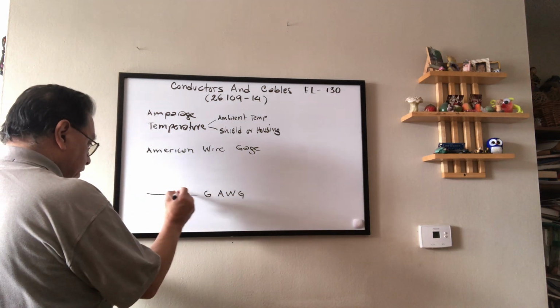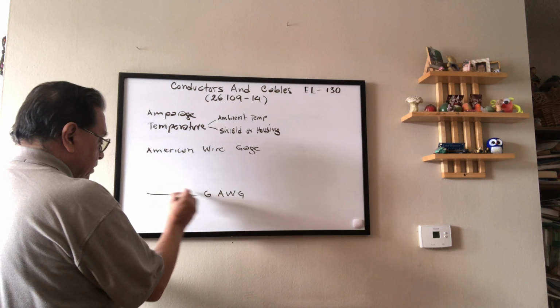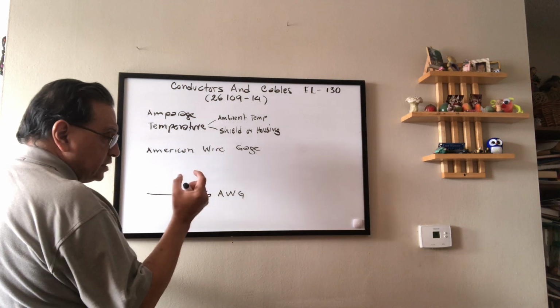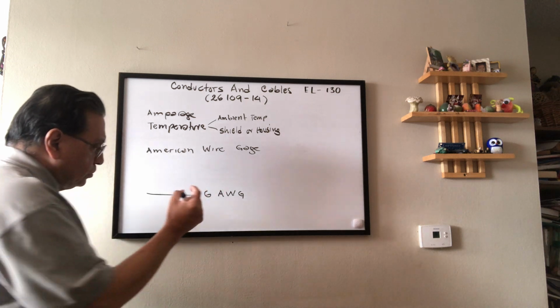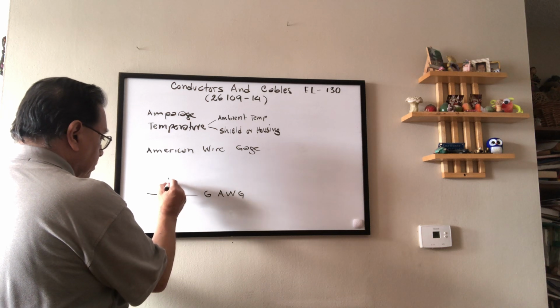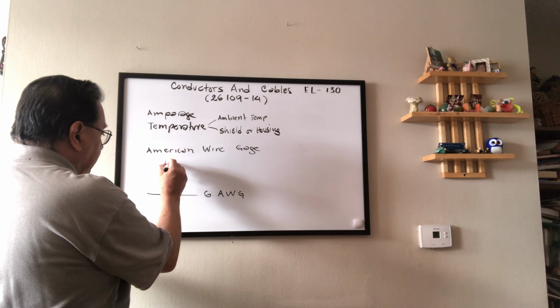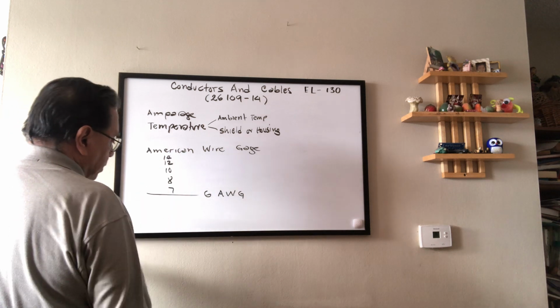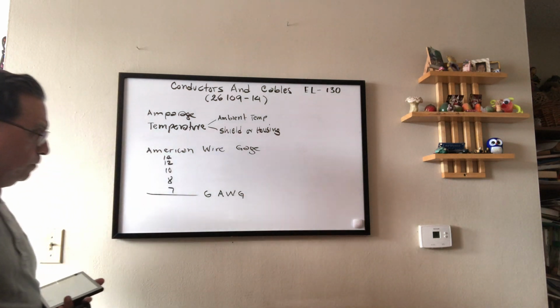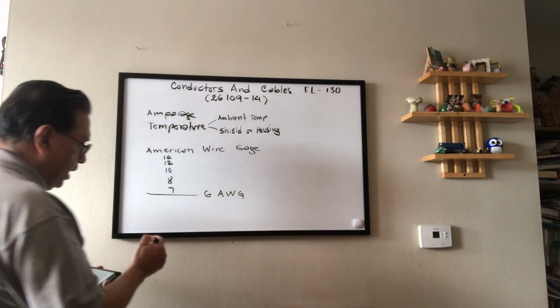And when the number is larger than this one, the section, the area of the electrical conductor is smaller. So the electrical conductor is able to transport less amperage. For example, gauge number 10 is able to transport a smaller amount of electrical current than gauge number 8.